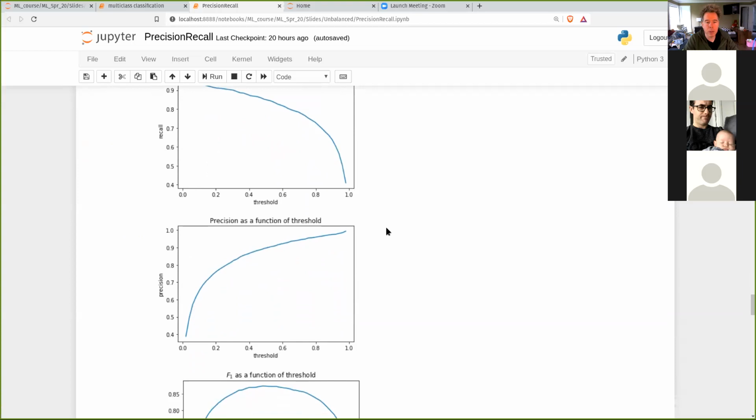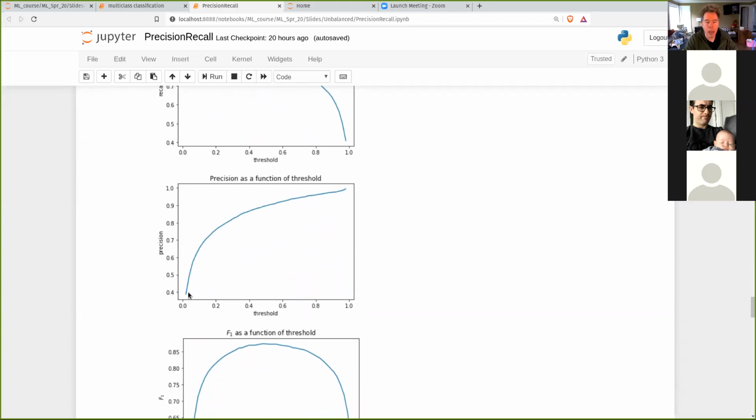And the opposite is true for precision. If you have a very low threshold for what's a 3, then your precision is going to be terrible. It should really be 0, ideally, but it starts out at 0.1. But I didn't actually evaluate what happens when the threshold is 0.